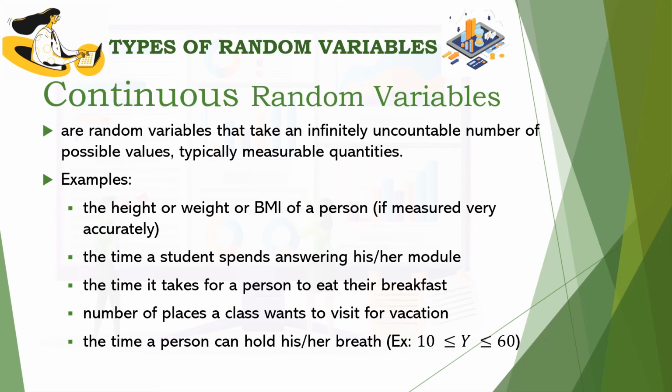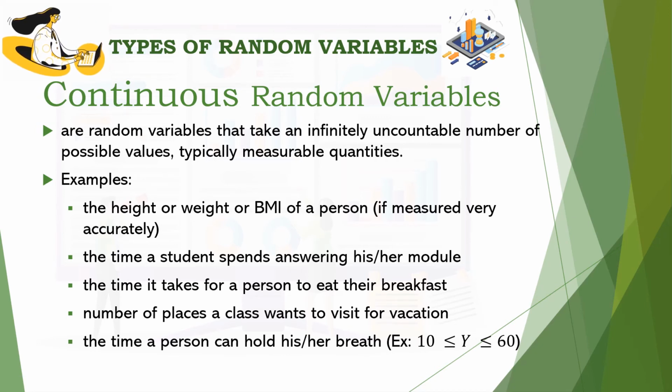Masyado kasing madami ang posibleng value ng ating variable dito. In this example, the possible values range between the lowest and the highest value recorded. Pansin natin na mahirap talaga ilista lahat ng mga pwedeng maging value dito.